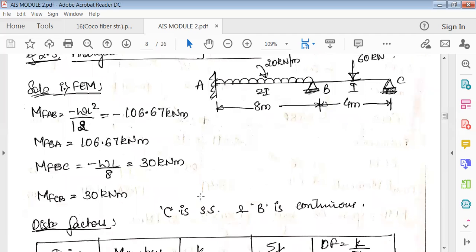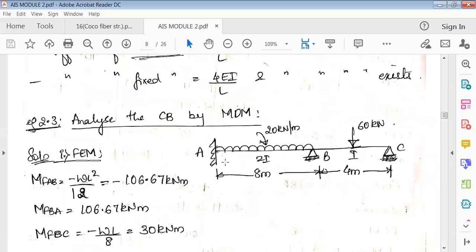Now, joint C is simply supported, but B is continuous. You can see here, A is fixed. Joint C is the end, a simply supported end, because at this point the beam ends. But B, you can see here, is a roller support.